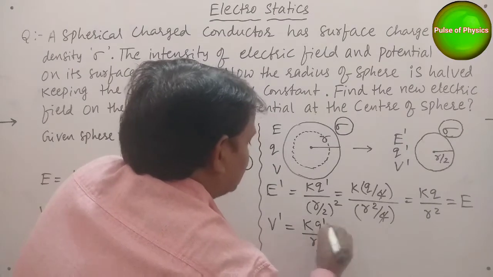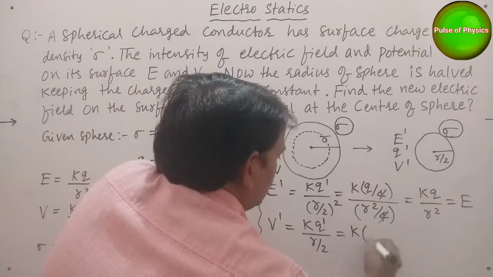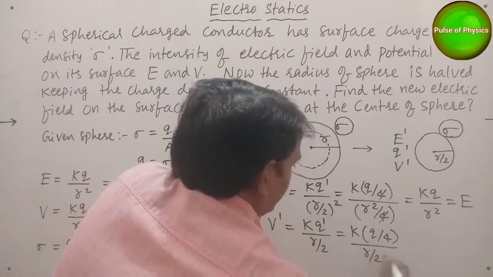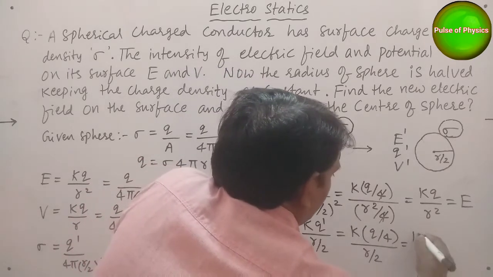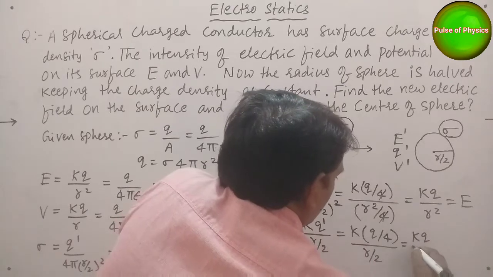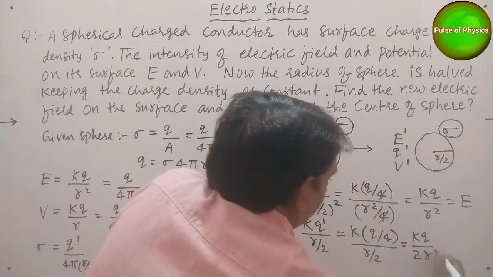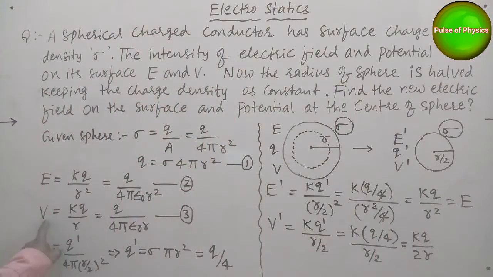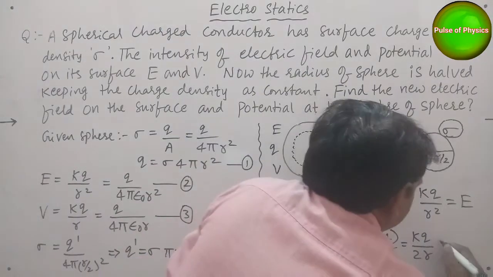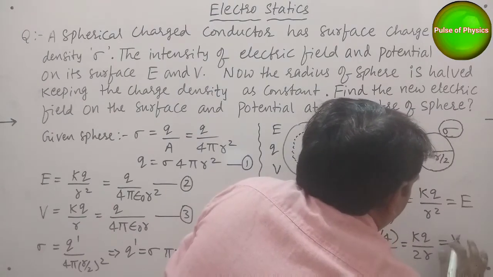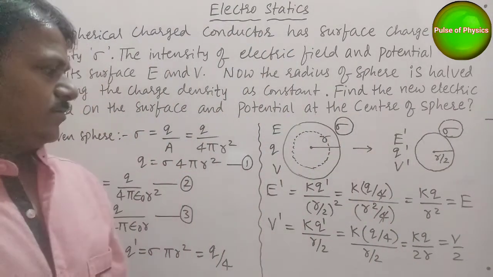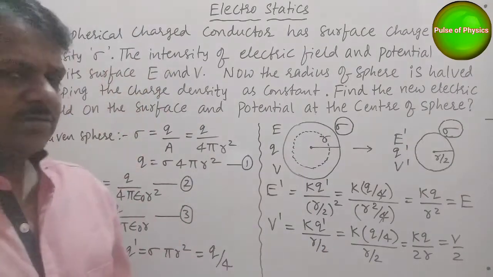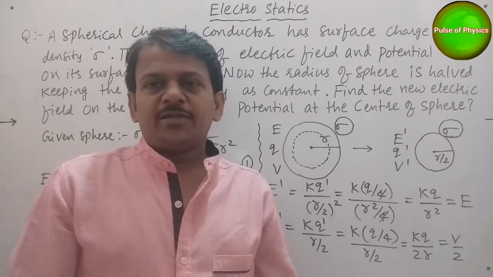Then q dash is k into q by 4 by r by 2. If you simplify, you get kq by 2r. What is kq by r? It is V. Now this is nothing but V by 2. Here, this is the solution. Any doubt? Have you got it? Thank you.